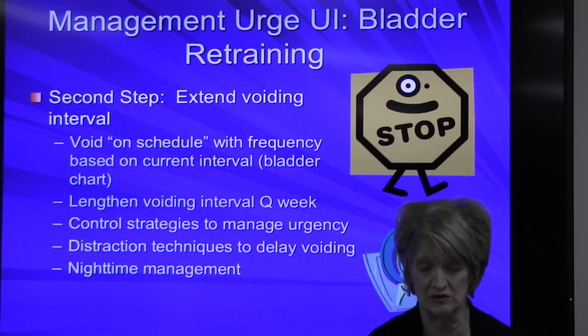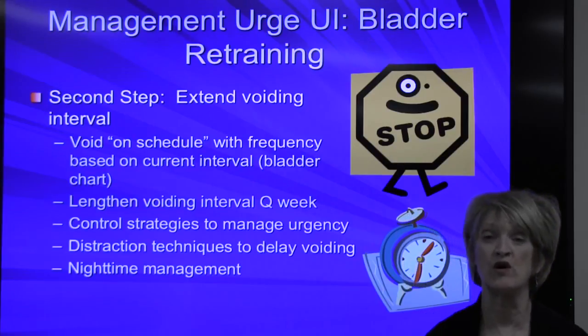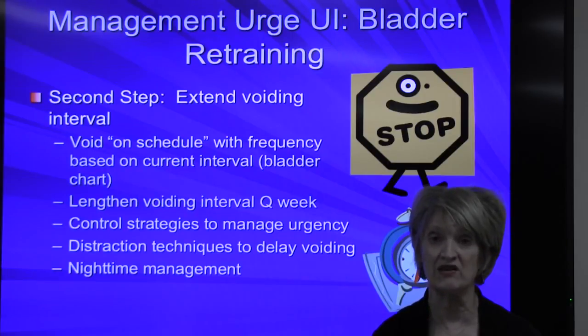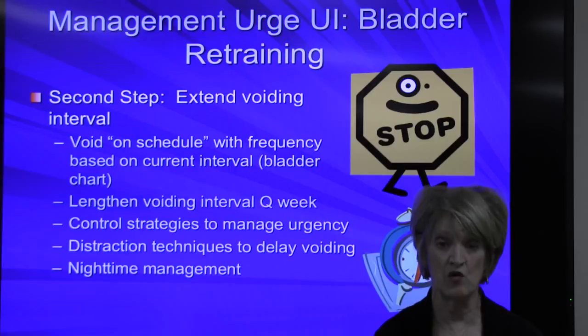Step number 2, you're going to put me on a voiding schedule. And you're going to tell me to void on schedule. You're going to tell me to void by the clock, not by the urge. If I don't have the urge and it's time to void, void anyway. If I had the urge and it's not time to void, use freeze, squeeze, breathe to control the urge.